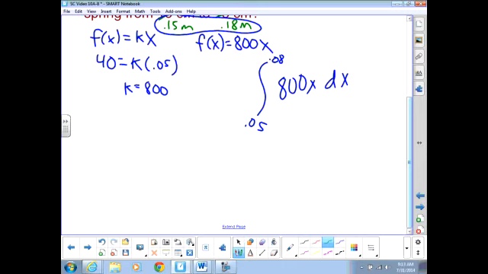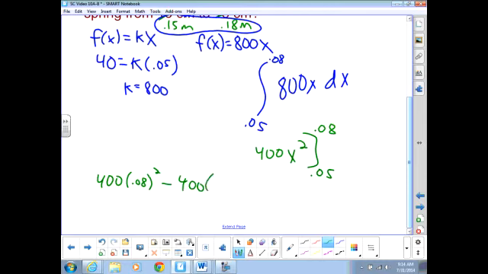So we've just got to take the antiderivative now. This will become an x squared, multiply by a half out front. You get 400x squared, evaluated from 0.05 to 0.08. So we will have 400 times 0.08 squared minus 400 times 0.05 squared.